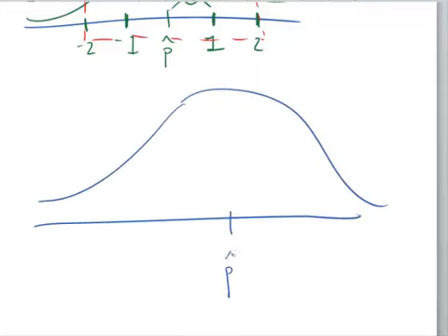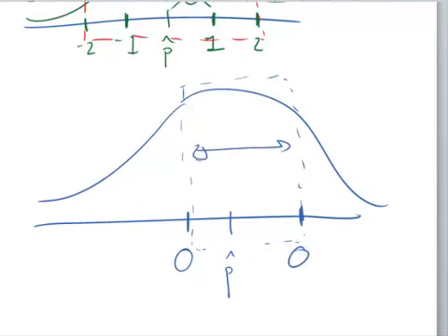Again, we're trying to capture the true p. How wide do we want to make our net? If we make a net that's only this wide, it's a pretty tight interval. We could say, hey, I think we're going to be between only this value and this value, but it's pretty small. It's not a very wide chance.